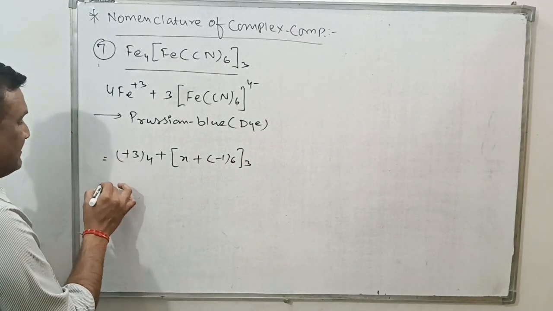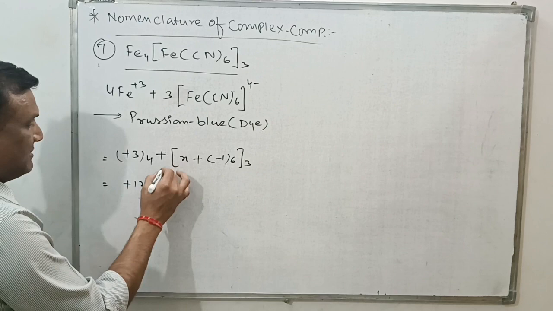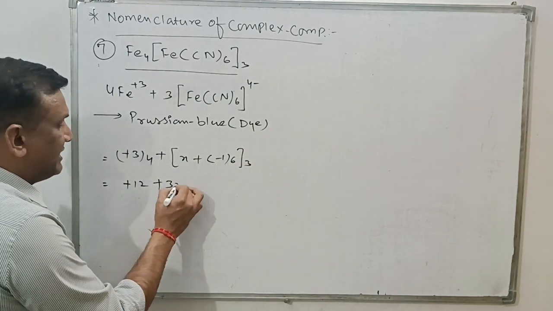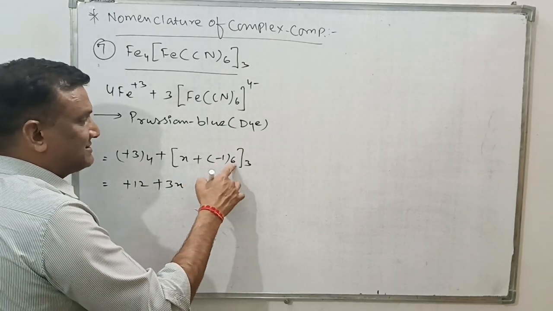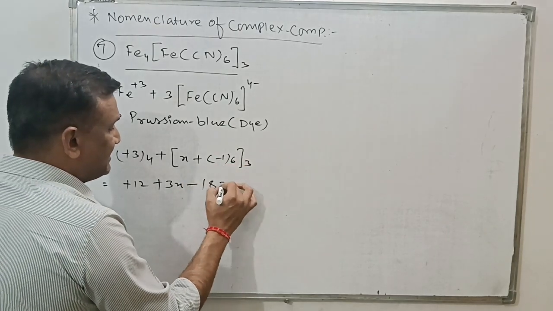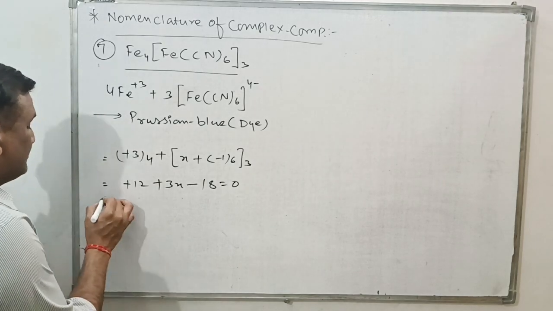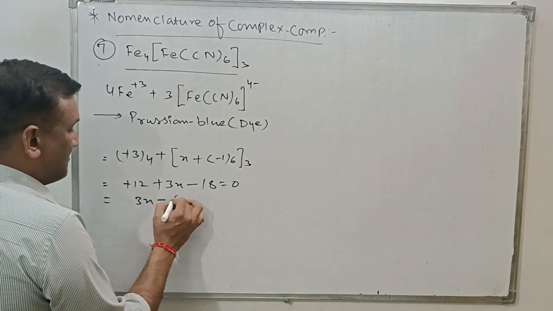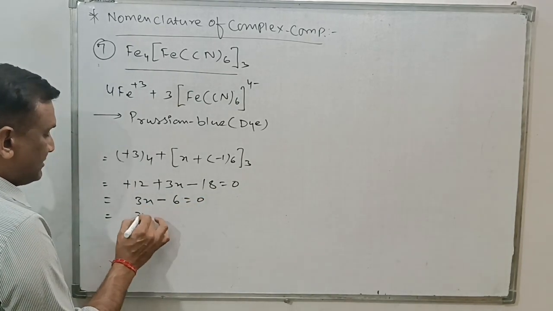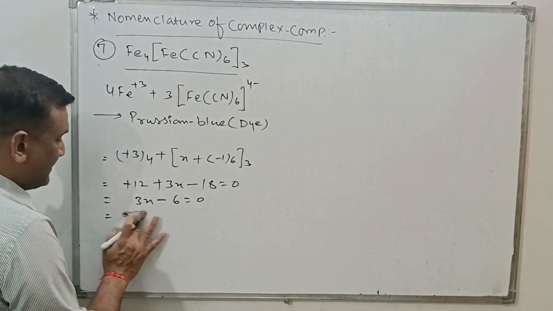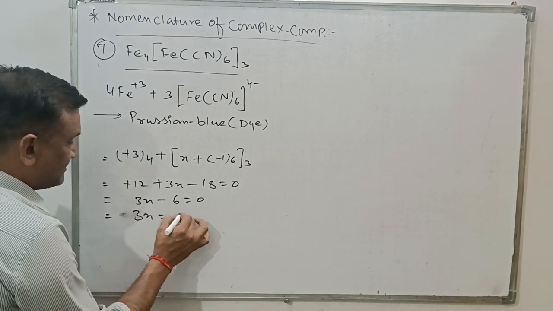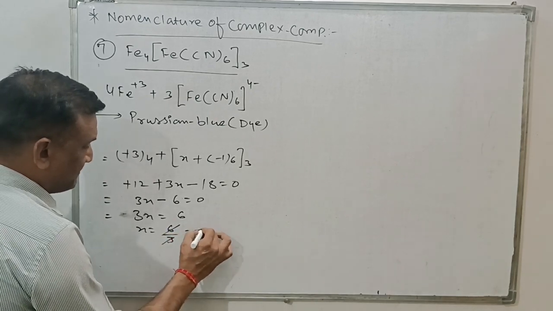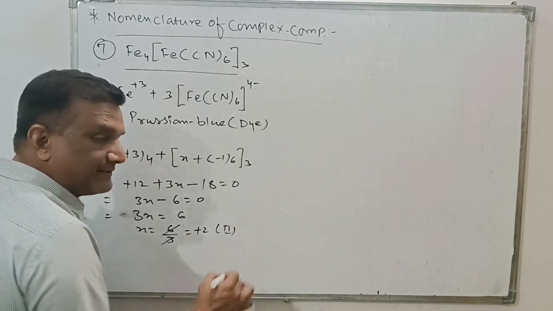So the oxidation state: this is plus 12, this is 3x, and 6 multiplied by 3 is 18, so minus 18, the charge is 0. Now it will be 3x plus 12 minus 18 equals 0, so 3x equals 6, so x equals 6 by 3. It's plus 2, meaning the second oxidation state.